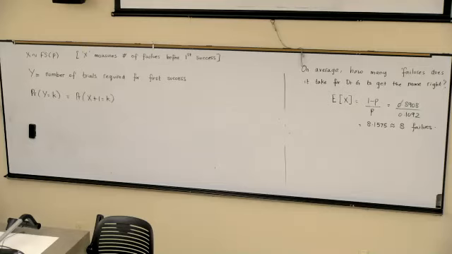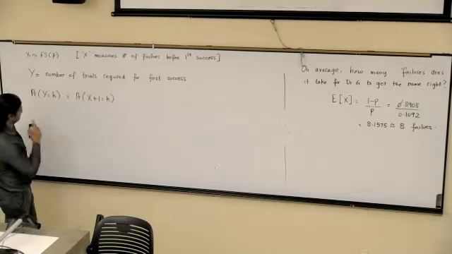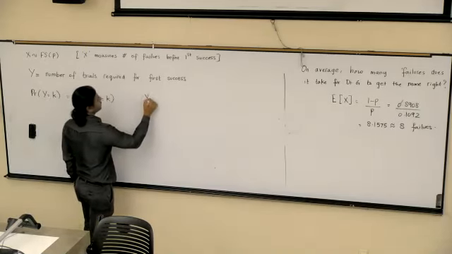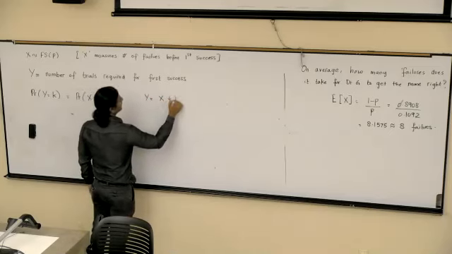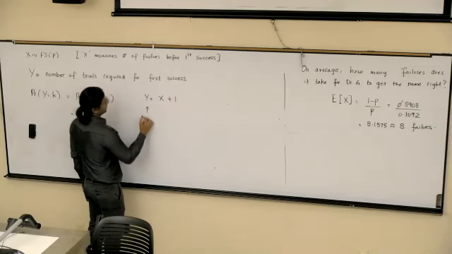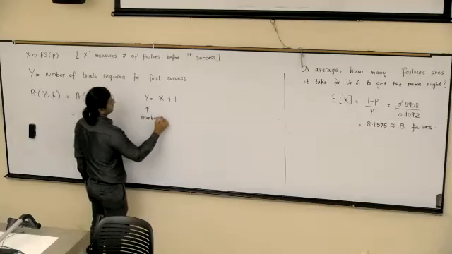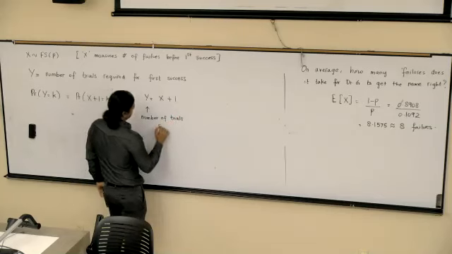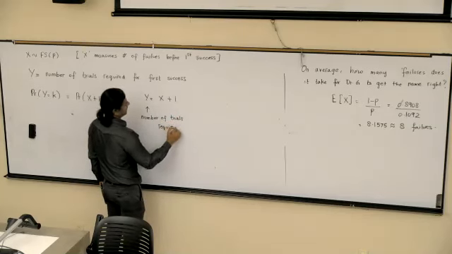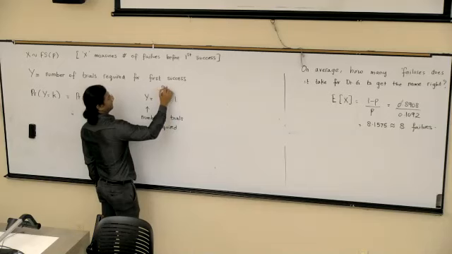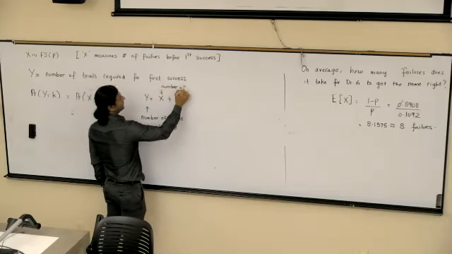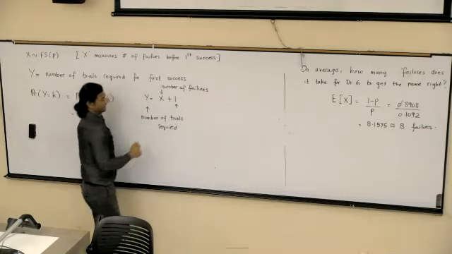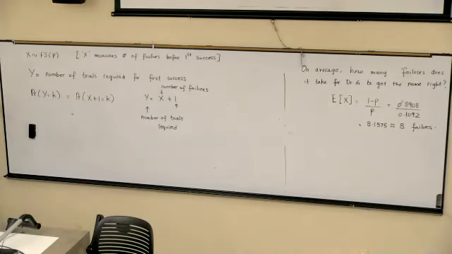In other words, you have Y equal to X plus 1. The number of trials required. That is the number of failures. And why do we add that one?